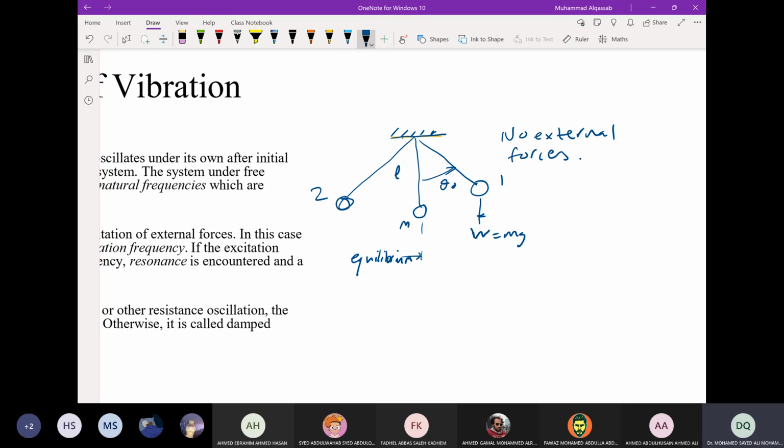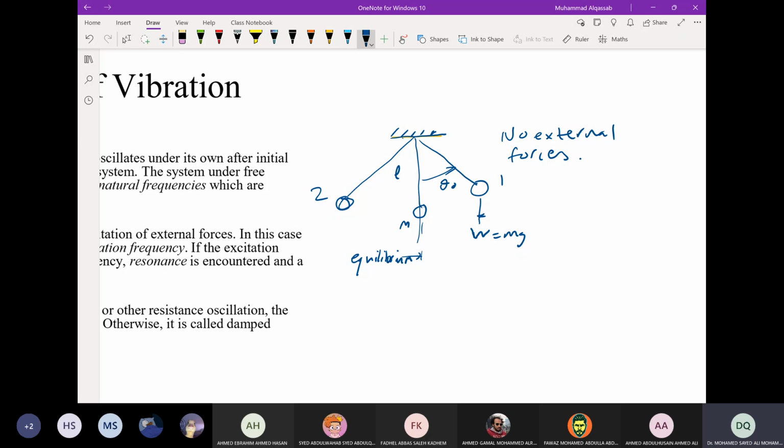When it oscillates, it will oscillate with a frequency. At the beginning we give theta 0, and then it will keep oscillating. If you measure theta from the equilibrium line, the vertical axis, then theta is changing.